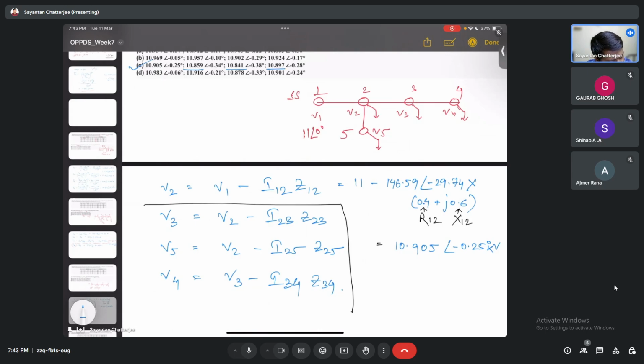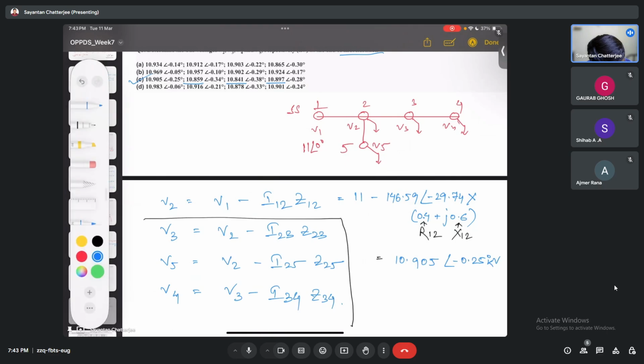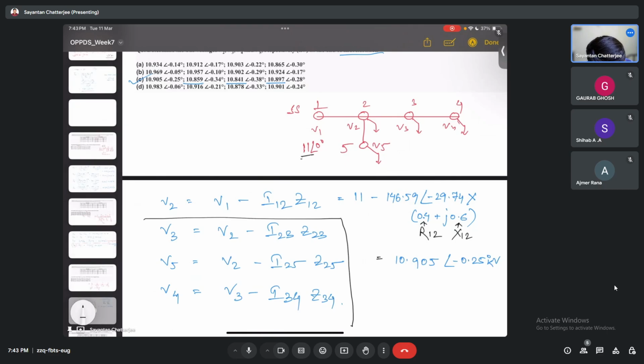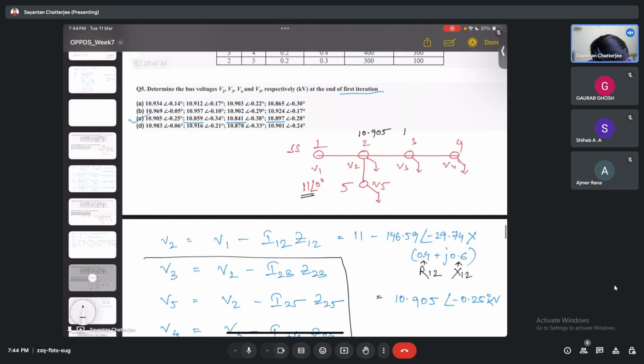So one thing we can understand is that at the substation node we have 11 kilovolts. When we go downstream at node 2, we are at 10.905. I'm writing only the magnitude, not the angle. Going to node 3, the node voltage is further reducing, and at node 4 it is further reducing.